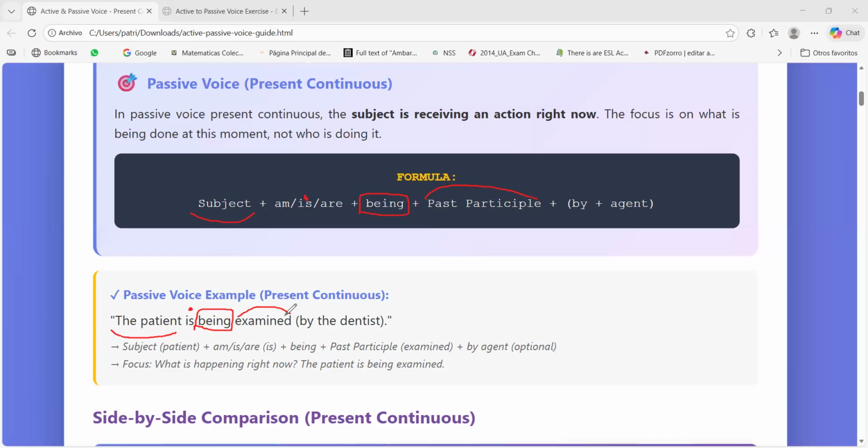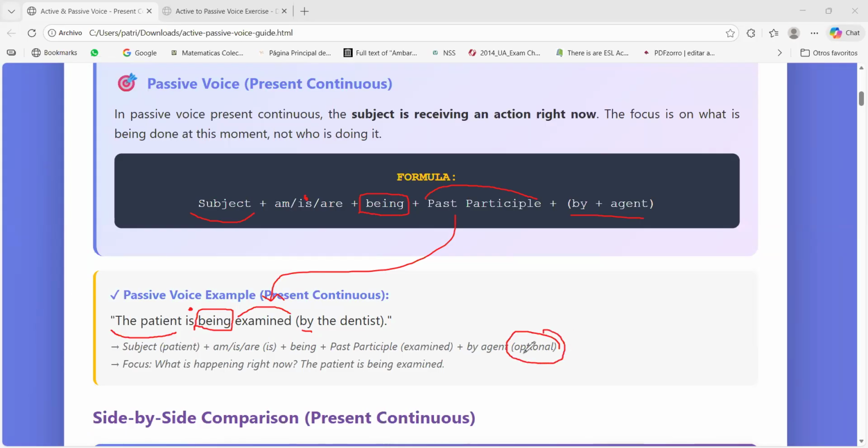Past participle: examine, ed, because it's a regular verb. Regular verbs have ed ending in simple past and past participle. This is past participle. By plus agent. By the dentist.